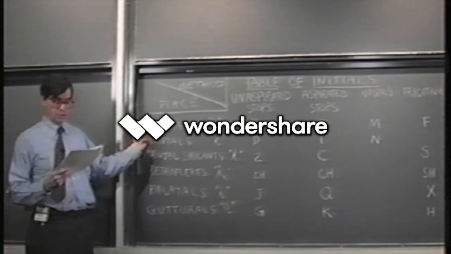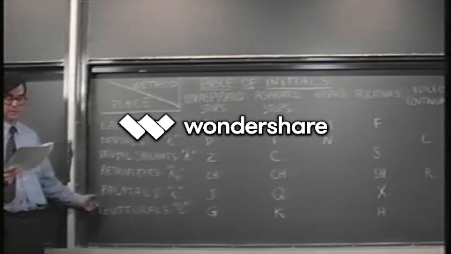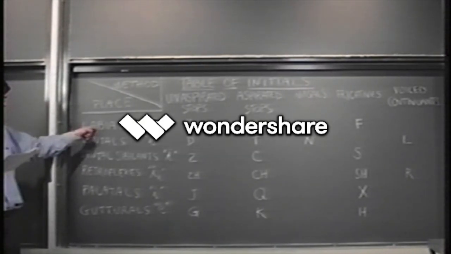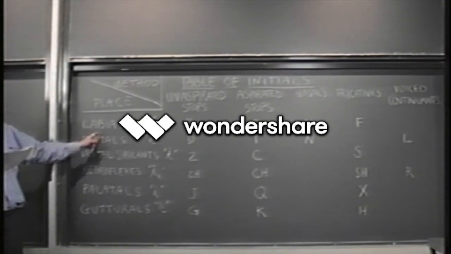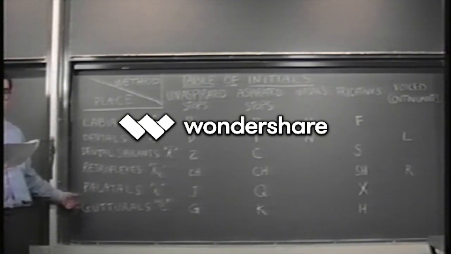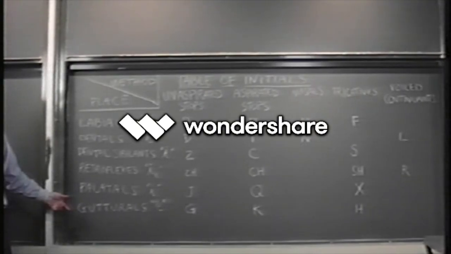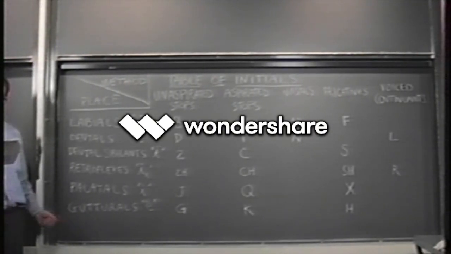Each row of initials is pronounced by using a different part of the mouth to form the sound, by opening or closing the lips, or by moving the tongue to touch different parts of the oral cavity. The speaker forms sound chambers of different shapes. Each shape produces a distinctive sound.